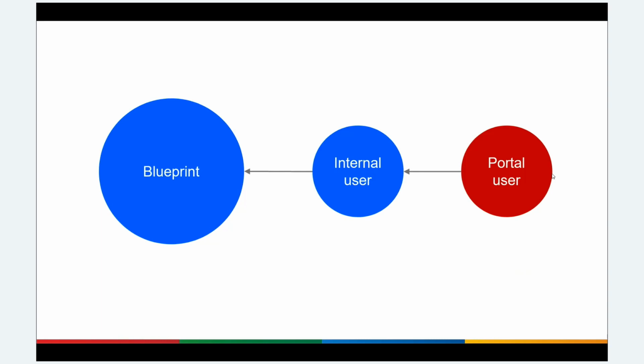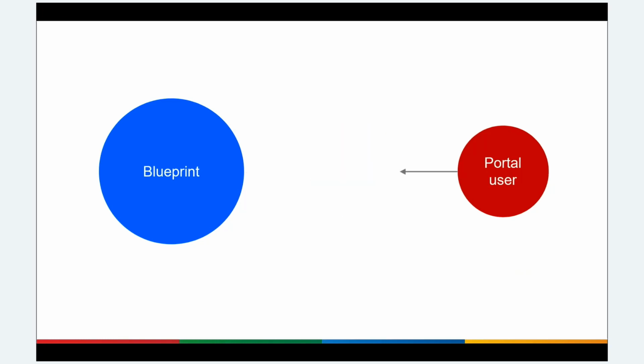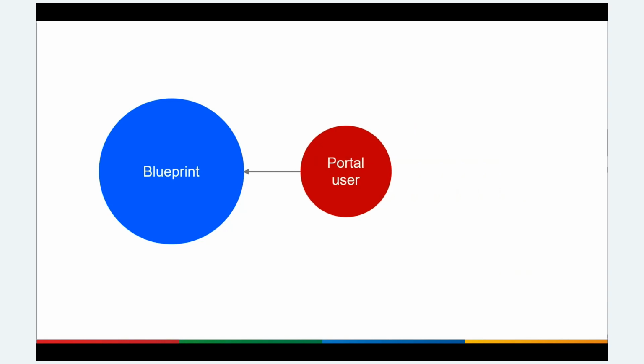So if your portal user wants to make a change or update a status, the portal user will have to tell the internal user, and the internal user will have to make the changes in the records and update the status in the Blueprint, right? This is needless legwork. So we have included portal users in Blueprints in Zoho CRM.